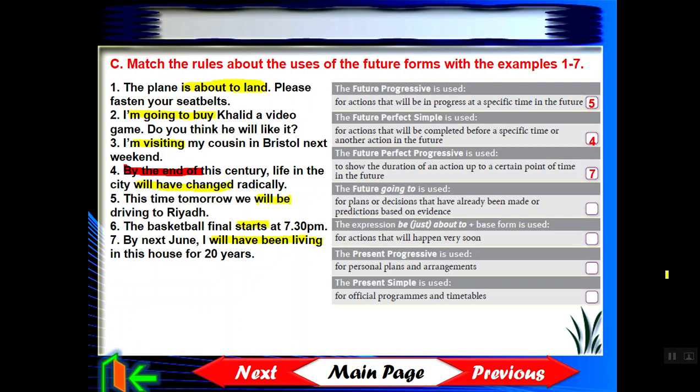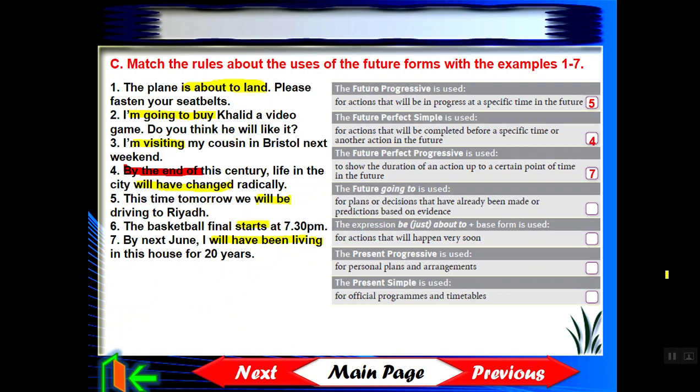The fourth tense, the future going to. So it's easy to spot going to, which is number 2. I'm going. For plans, يعني خطط, or decisions, قرارات, that have already been made. You have already taken these decisions. Okay? Or predictions based on evidence.